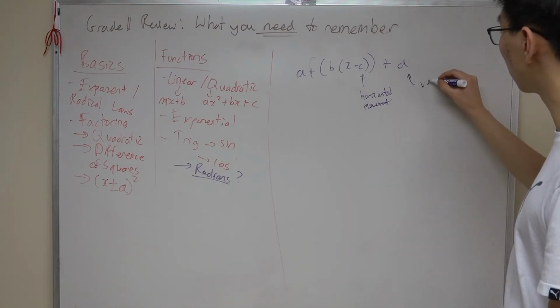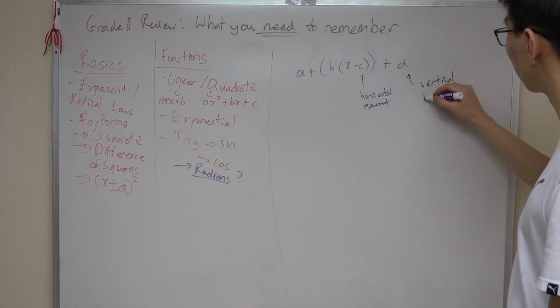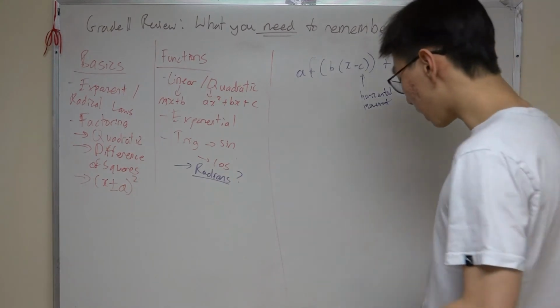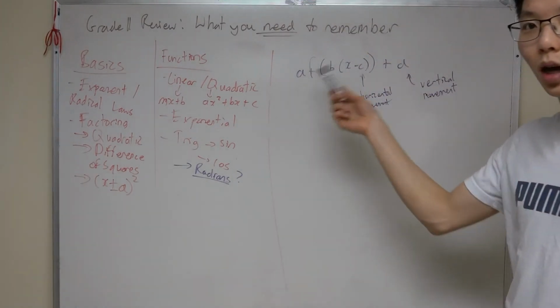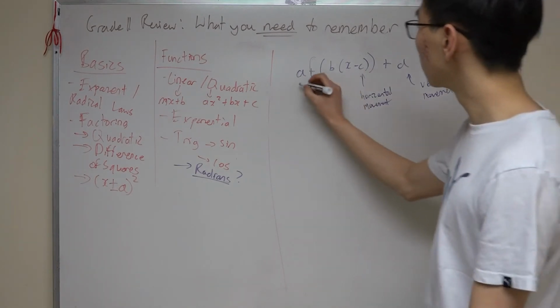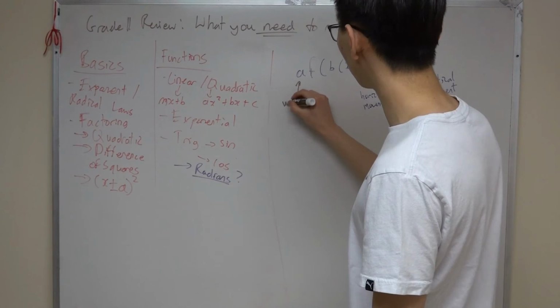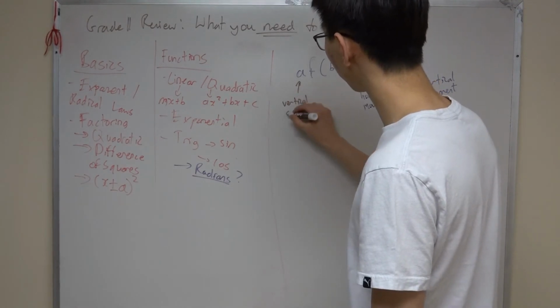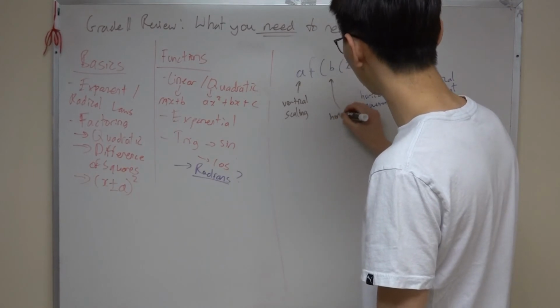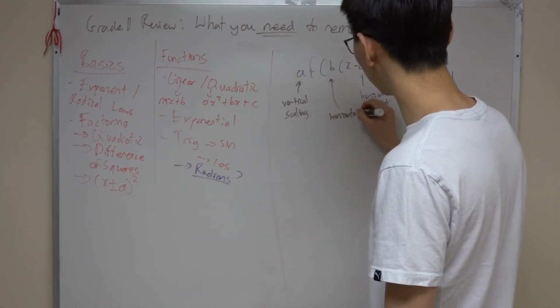This thing causes vertical movement. And sometimes people like to call these stretching. I like to call them scaling. Scaling makes a lot more sense. So this one covers vertical scaling. And this one covers horizontal scaling.